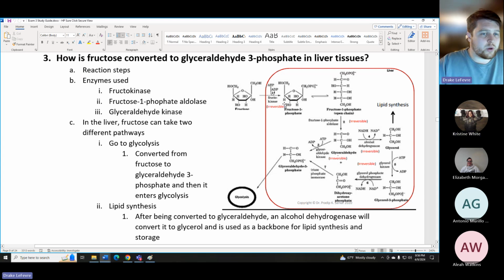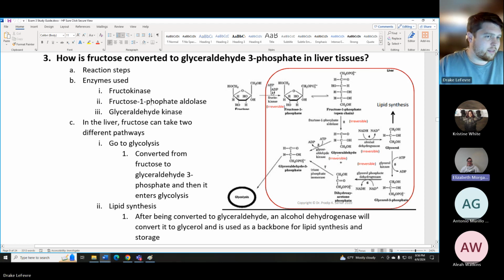It's like kinases. What do kinases do? They phosphorylate. Yeah, they add a phosphate group. What's the name of the enzyme that takes away a phosphate group? Dehydrogenase. Dehydrogenases are going to take away a singular hydrogen because it's dehydrogenating.